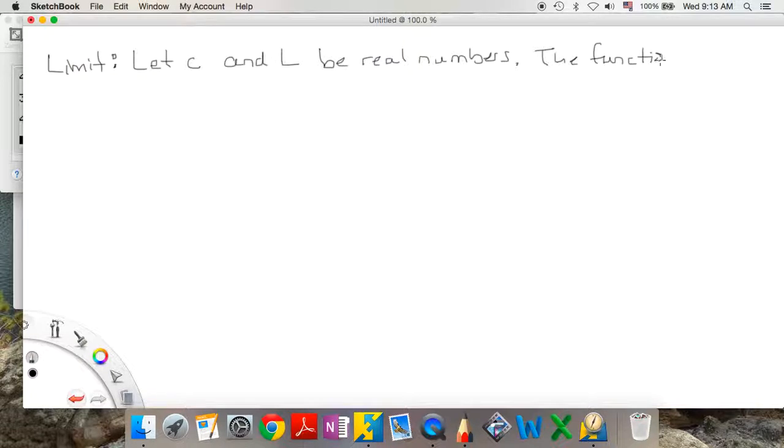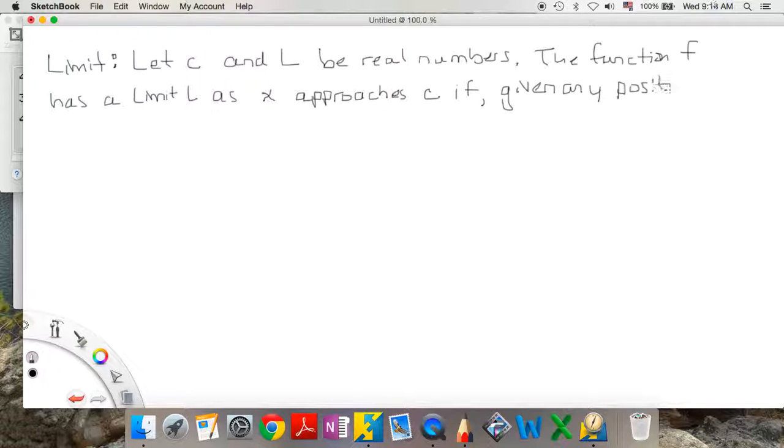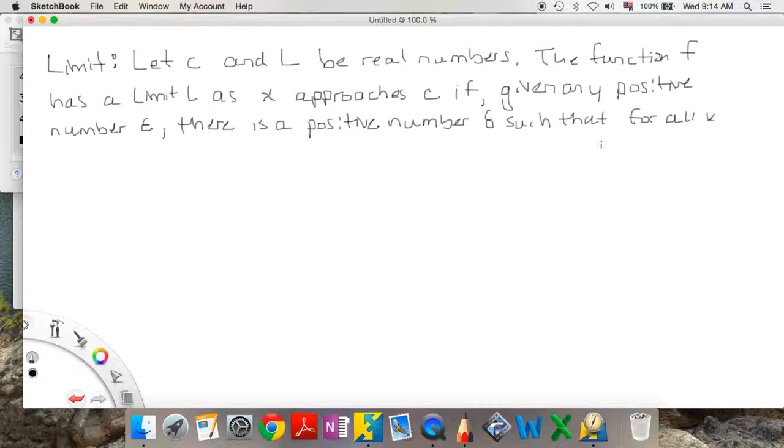The function f has a limit L as x approaches c if, given any positive number epsilon, there is a positive number delta such that for all x, this equation is true.